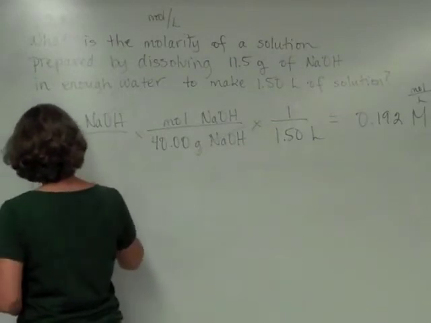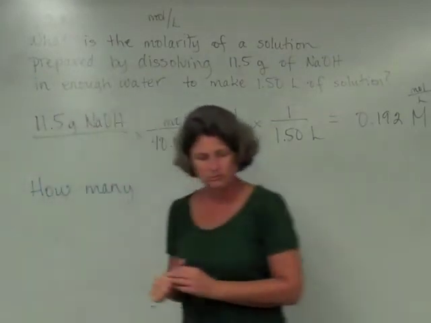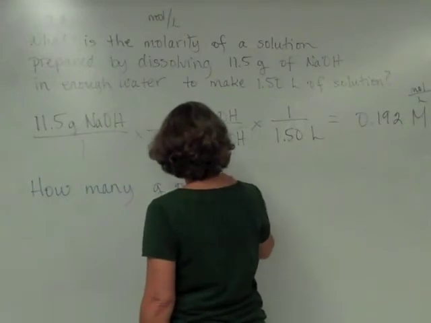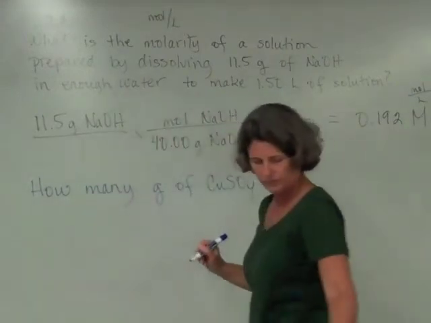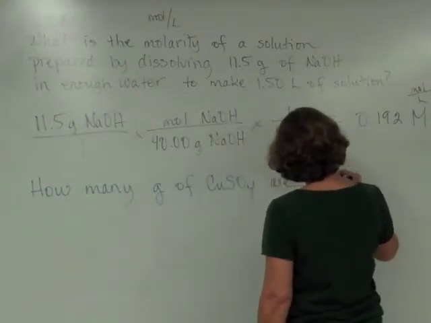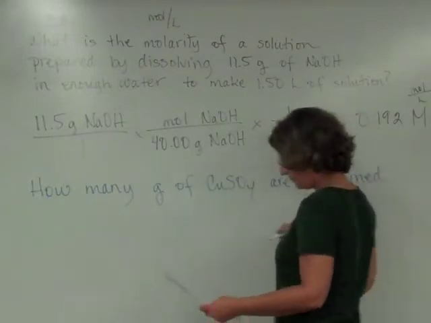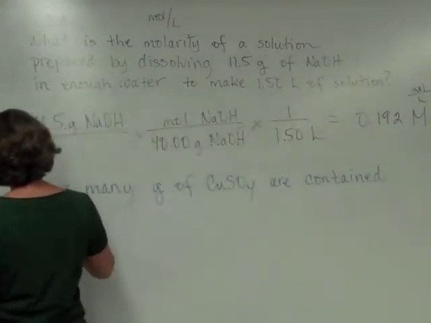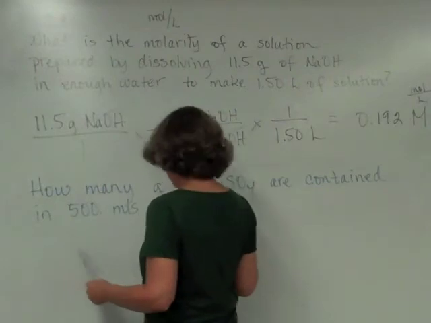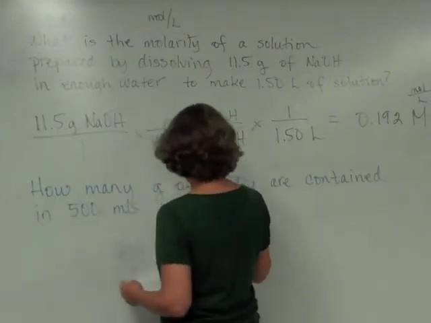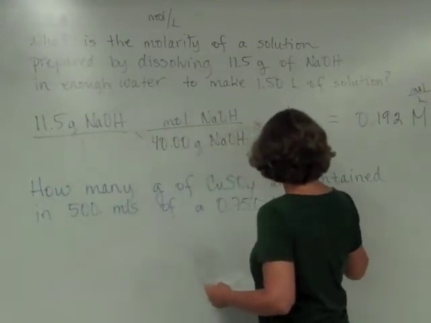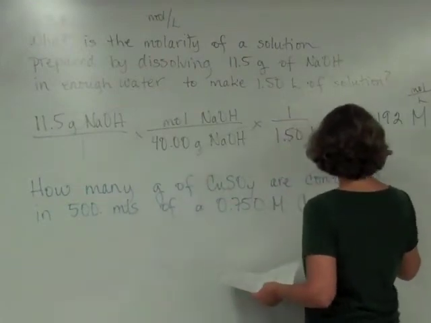How many grams of copper 2 sulfate are contained in 500 mils of a 0.750 molar copper 2 sulfate solution.